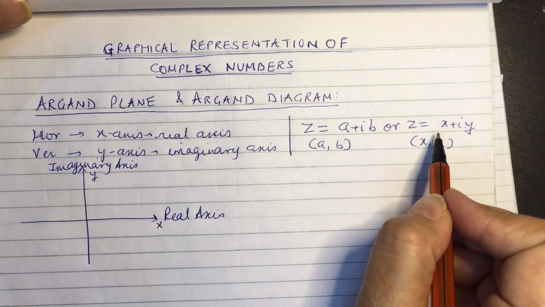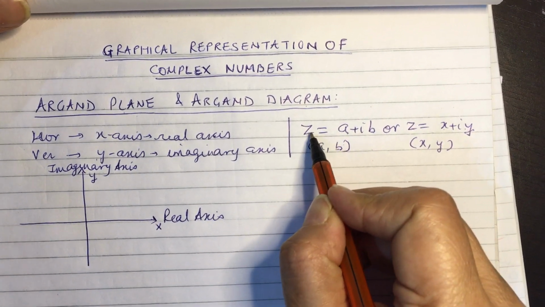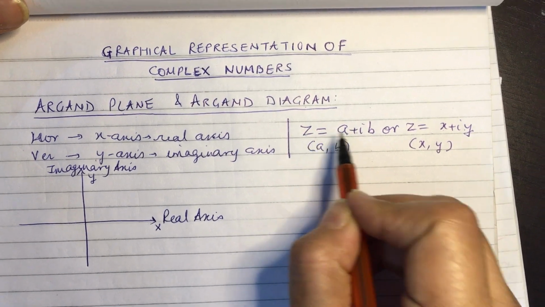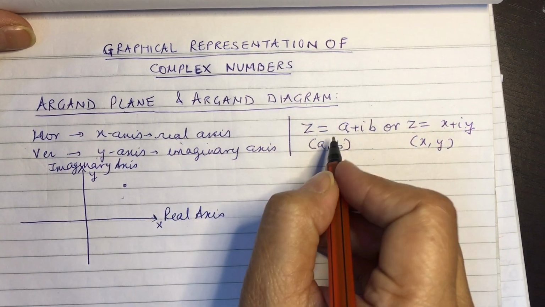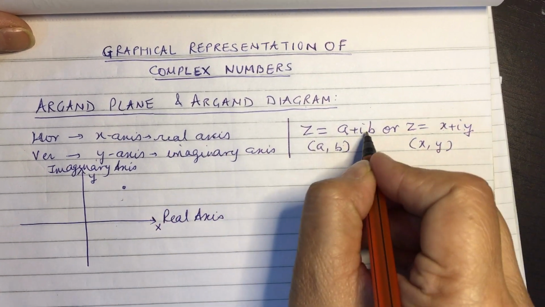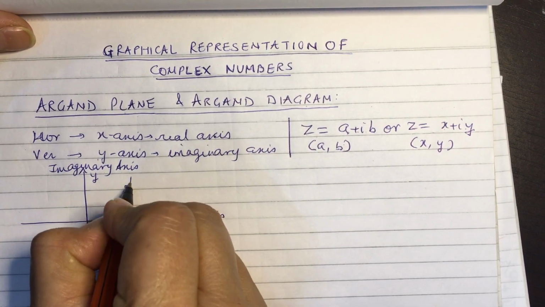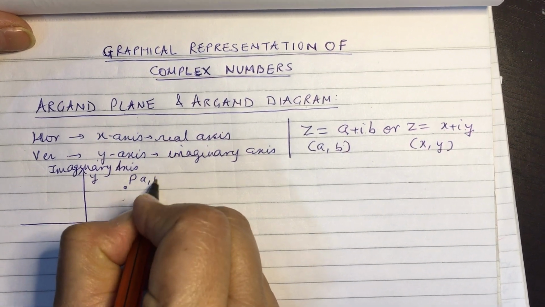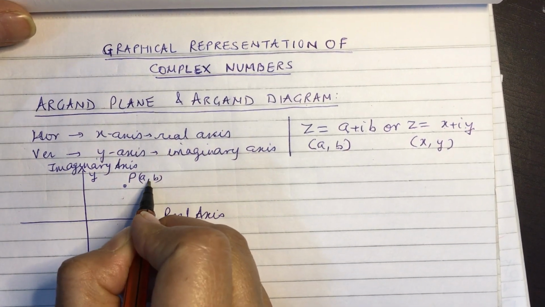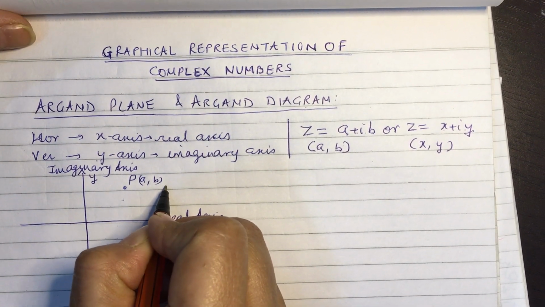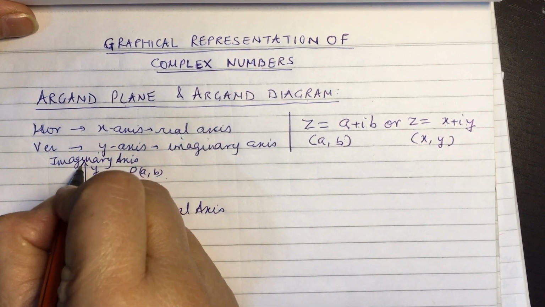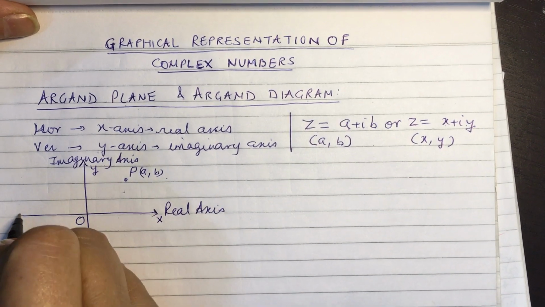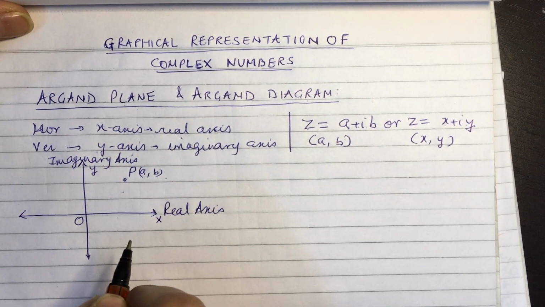Corresponding to this point, let's take this as the complex number. So you will have a as the x coordinate and b as the y coordinate, and let's denote it by point P. So a comma b would be somewhere here in case both a and b are positive, and this is the origin, which is the point of intersection of the real axis and the imaginary axis.